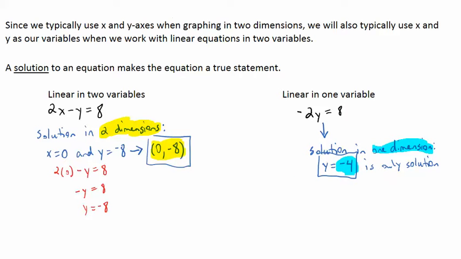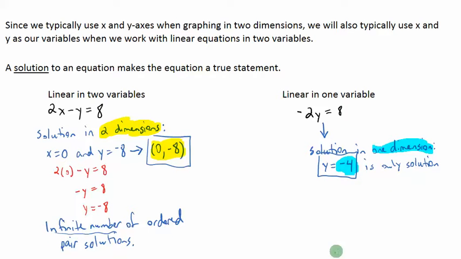Okay? Now, there are many other solutions to this equation. In fact, there are an infinite number of solutions, and they are ordered pairs, so infinite number of ordered pair solutions.